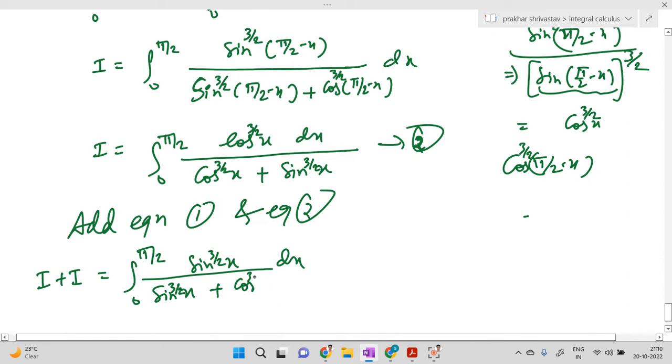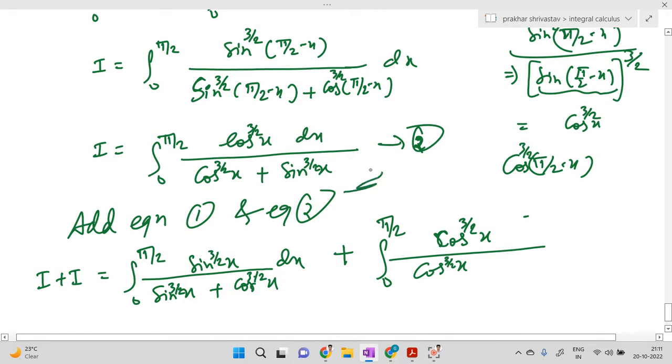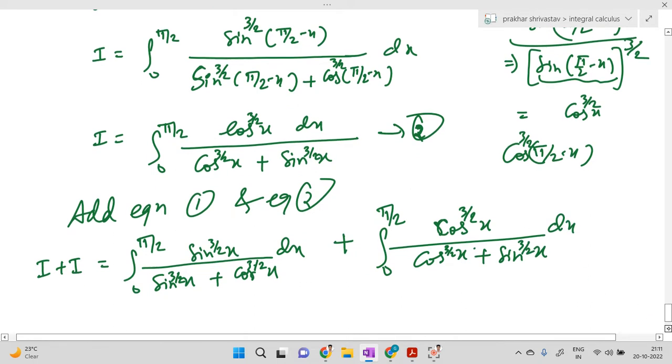Equation number 2 says I equals the integral 0 to pi by 2 of cos x to the power of 3 by 2 upon cos x to the power of 3 by 2 plus sin x to the power of 3 by 2 dx. Is it okay?